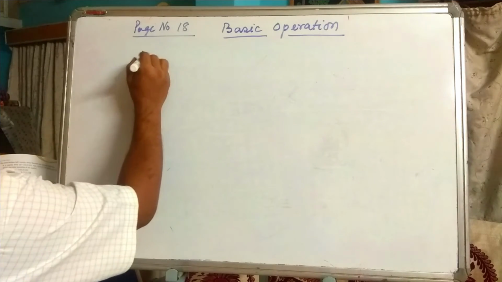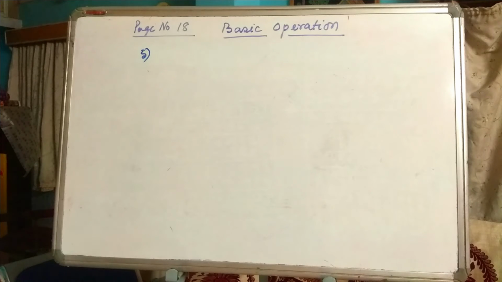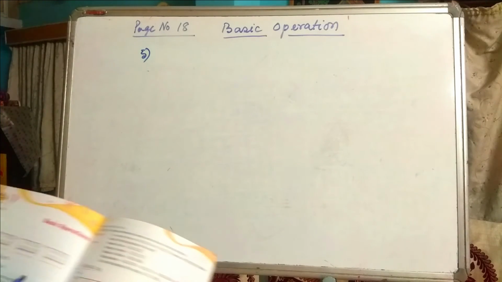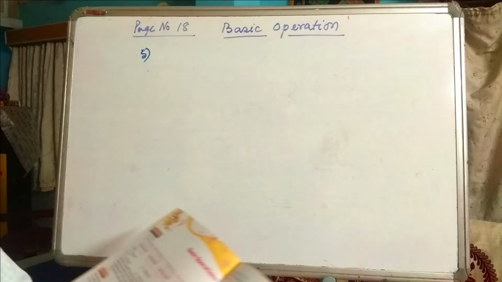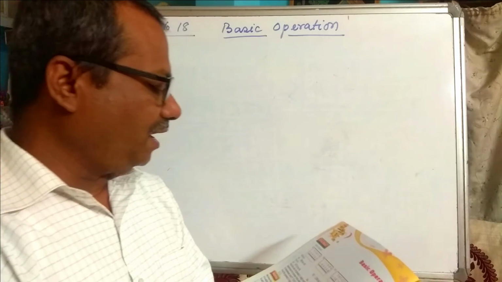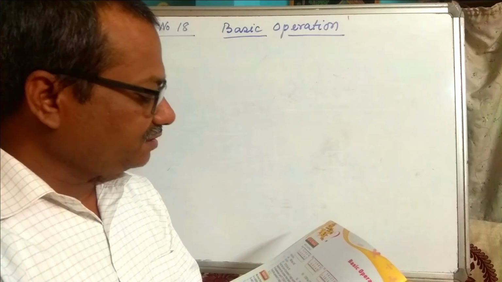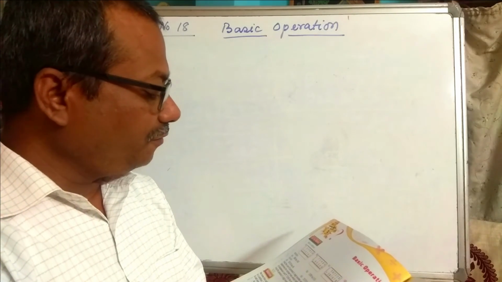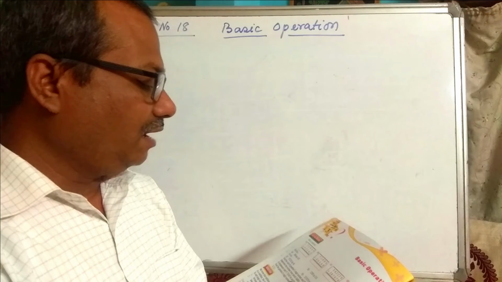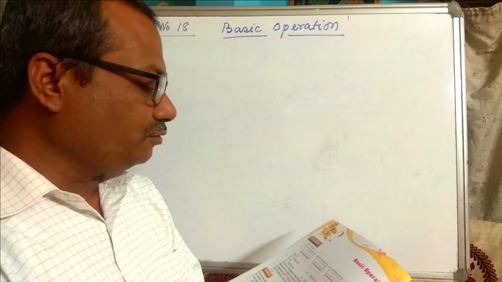Question number 5. Determine the number from which 54,809 must be subtracted to give 36,986. Determine the number.